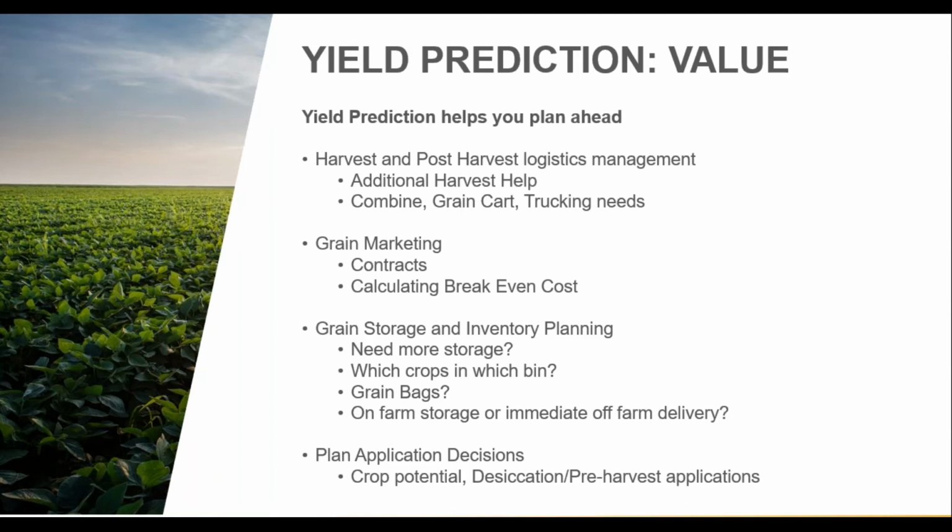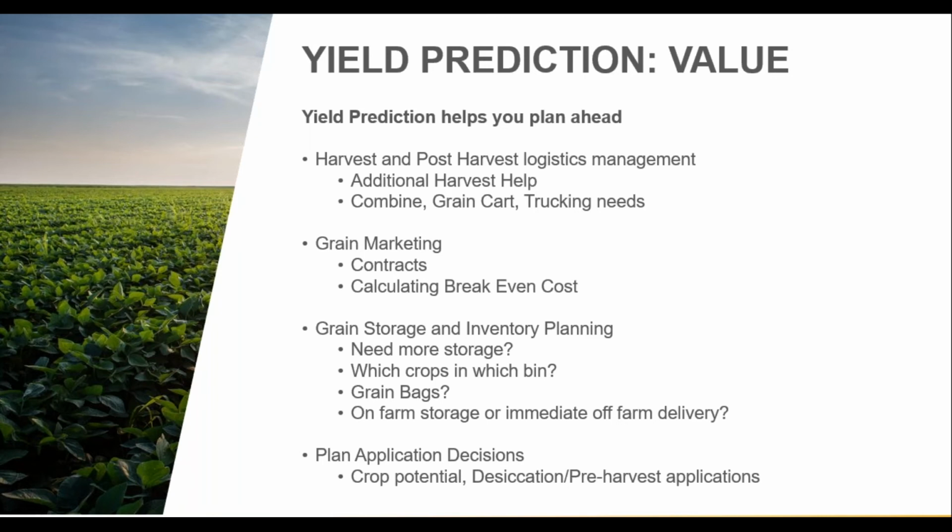So this is again another tool to help you understand, okay, I have this much grain, I've already contracted this, for example, or I can contract this much more. Also key in calculating our break-even costs. So we understand what we've put into that field so far for crop inputs. Understanding that yield potential really helps us in calculating our break-even costs as well.